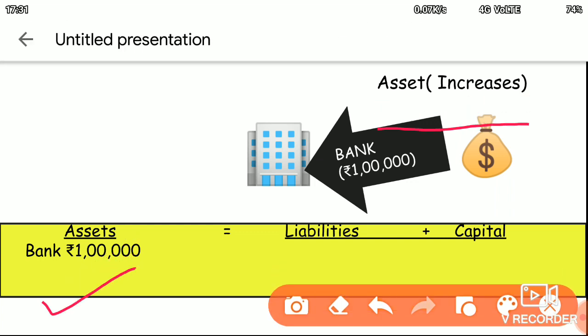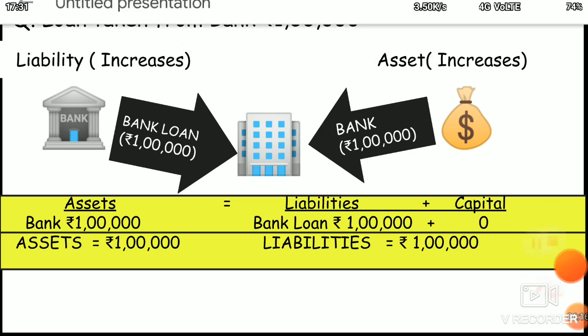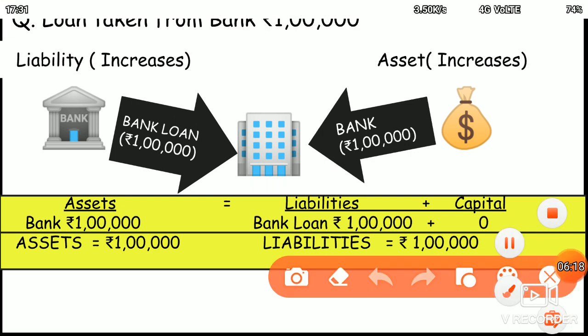So the net effect, if we see, we find that one of the assets, that is the bank, increases, and on the other side we see that the liability also increases by 1 lakh rupees. So the total of the assets shows us 1 lakh rupees, and the total of the liabilities plus capital shows us 1 lakh rupees.